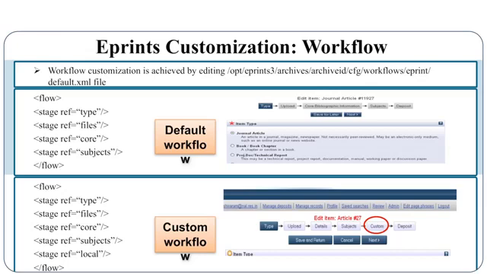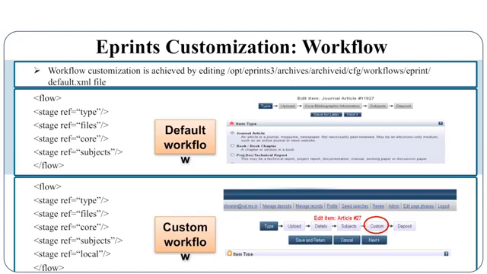To go there, assuming that you have installed ePrints on the Linux variant, go to /opt/eprints3/archives and archive ID. You can see that archive ID I have given in a blue font. Why? Archive ID is your folder name or your repository name, which you would have given during the installation.